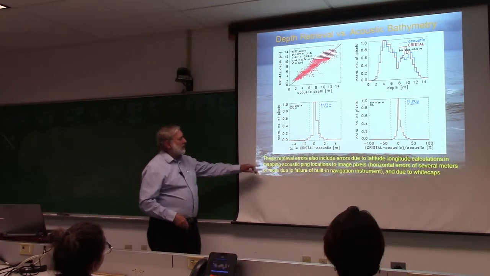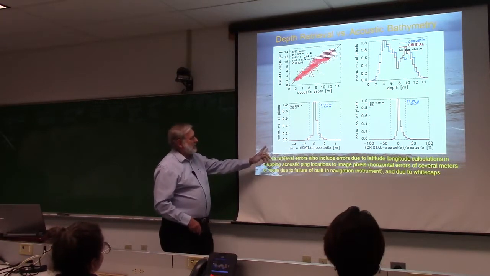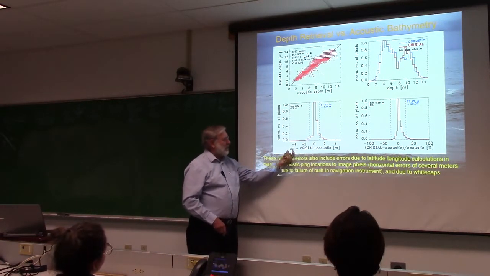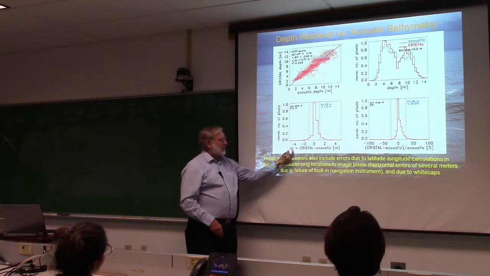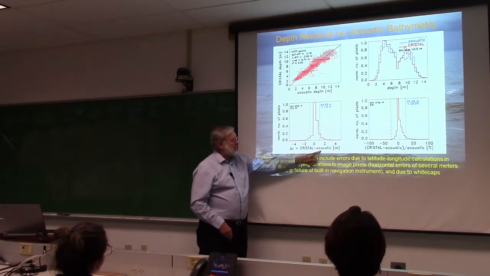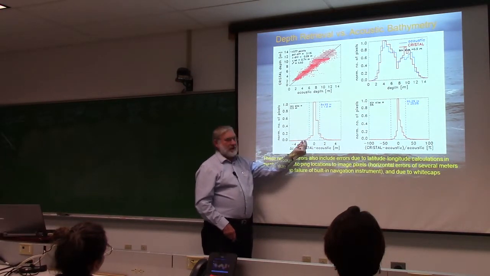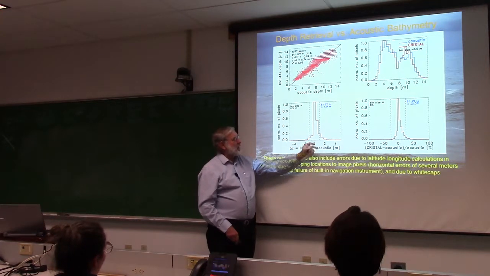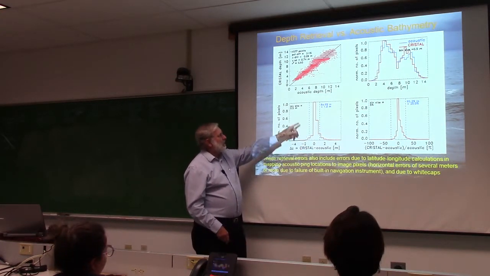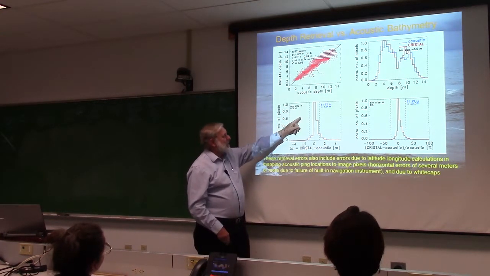Another way to look at the retrievals is I plotted little histograms of the absolute difference in depth, retrieved minus acoustic, and what the distribution of those is in half-meter or quarter-meter bins. And here you see the bin size was half a meter.